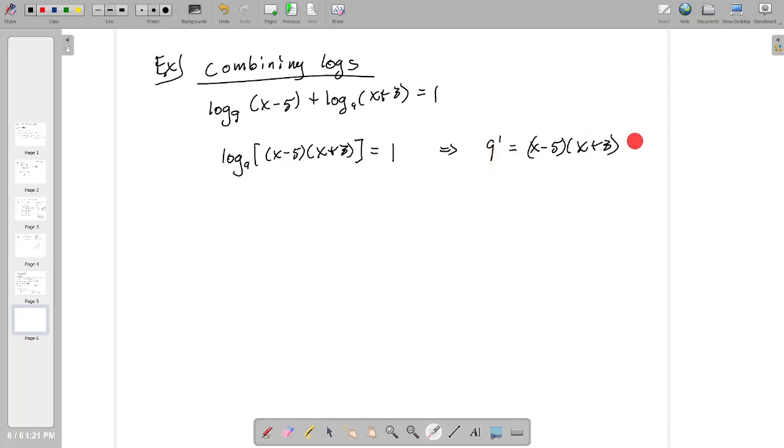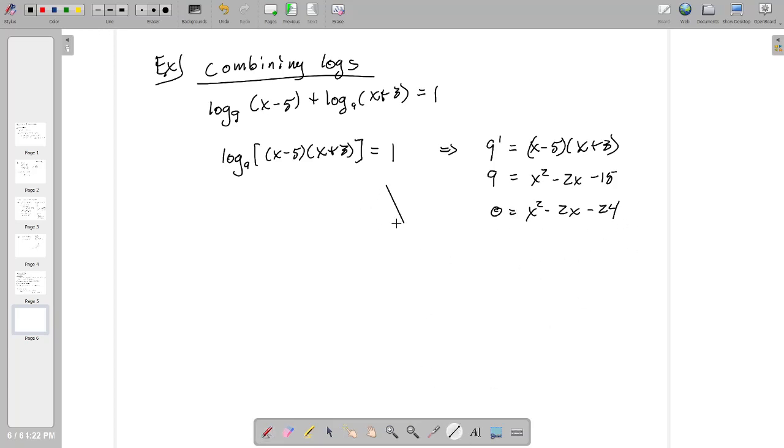So I need to subtract the 9 over, which means I need to FOIL this out in order to be able to combine like terms and then refactor. So right now, let's FOIL it out. We get x squared minus 2x minus 15 is equal to 9. If I subtract the 9 over, I get 0 is equal to x squared minus 2x minus 24. Now we need to refactor.